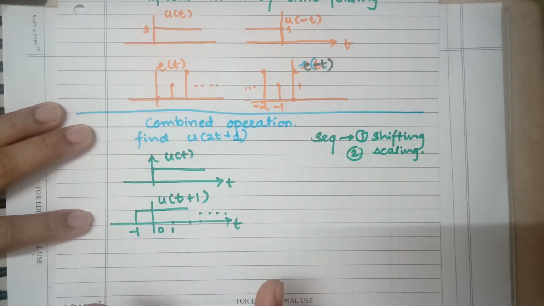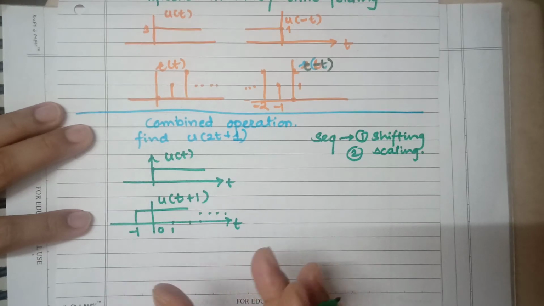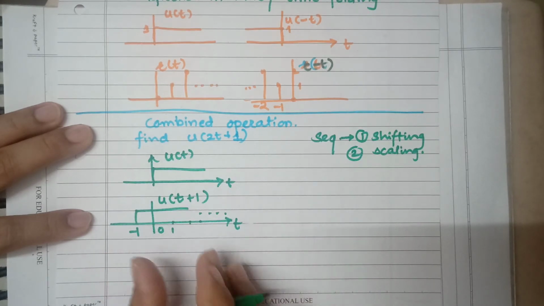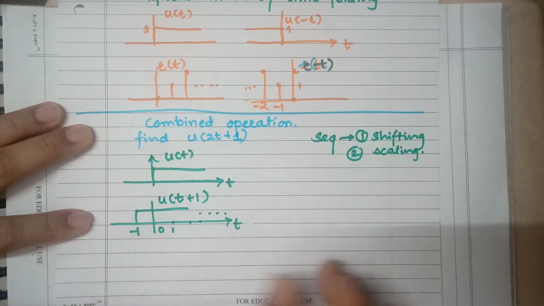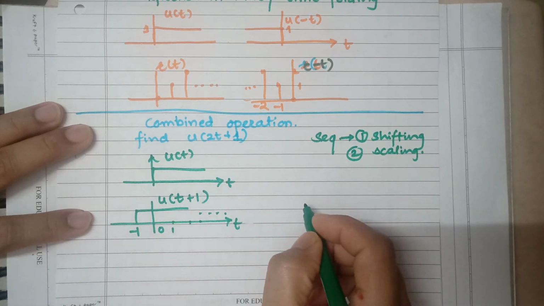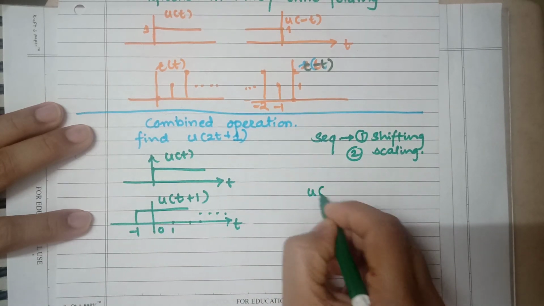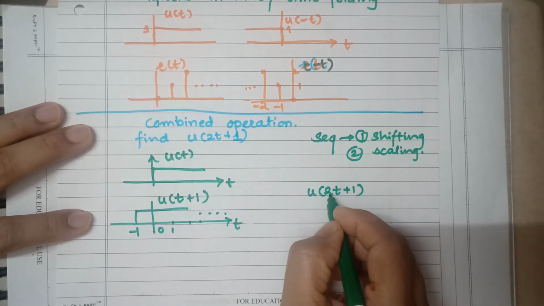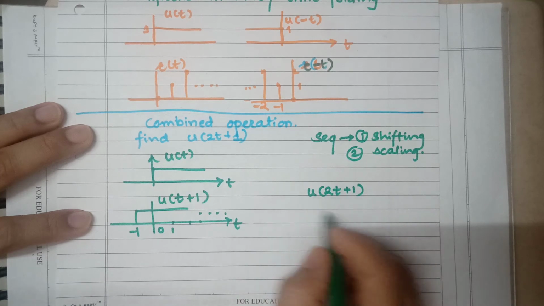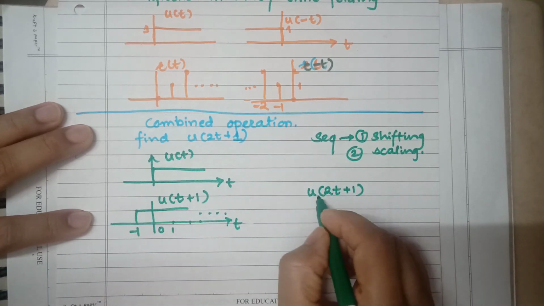Now 2t means scaling operation. It is compressing this signal with respect to this 0. So this signal is u of 2t plus 1. We are writing all the things, now performing only this operation 2t, taking this signal.